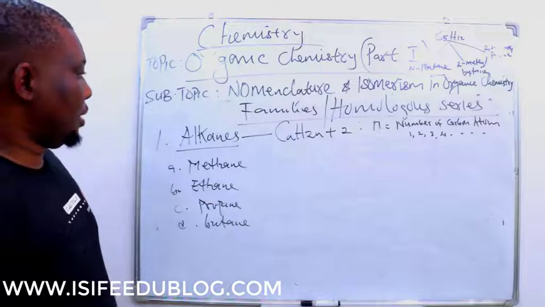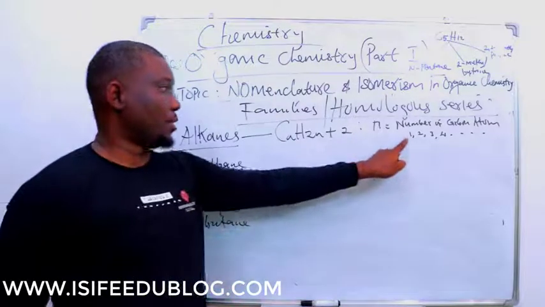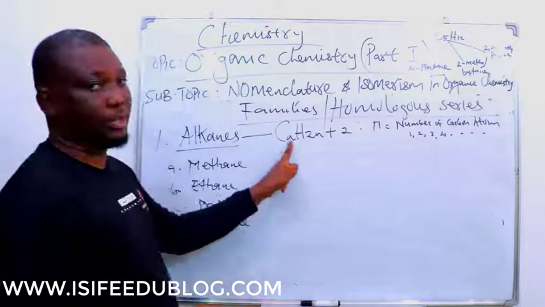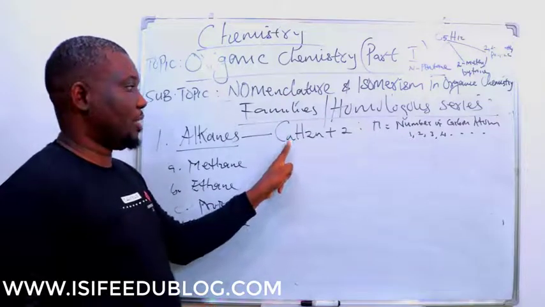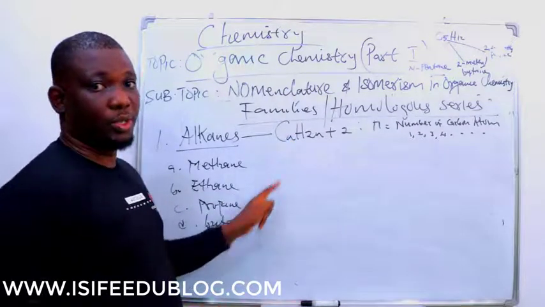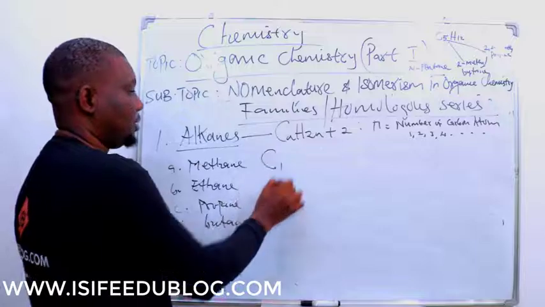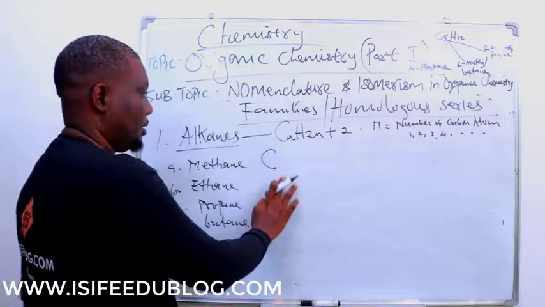So in the case where the number of carbon atoms is 1, anywhere I see n in this formula, I'll substitute with 1. So this is C1, or just C.